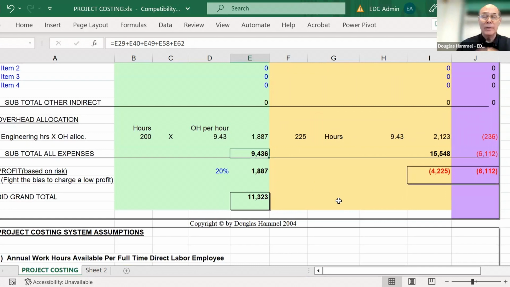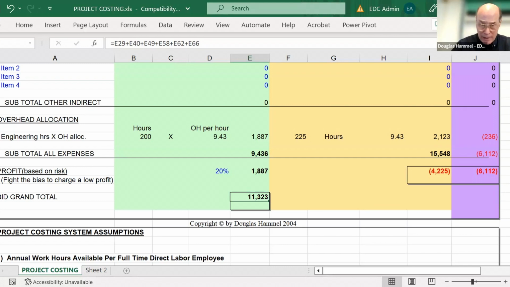But we have to allocate some profit. I always say the business needs 20% profit to invest in their own growth. And also for the business owner, if they're not taking a sufficient salary, they might need that as an owner's draw also.